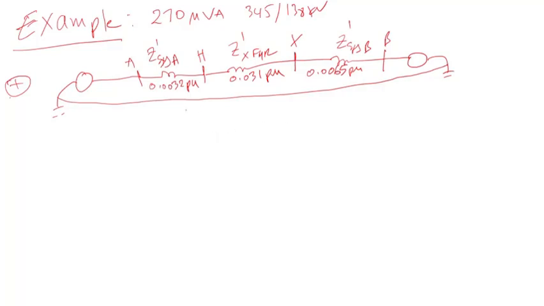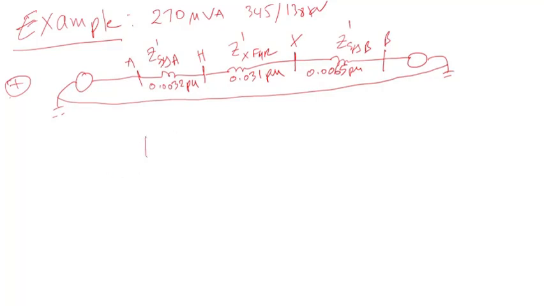And the system impedances, as you go away from the sources, generation basically, they get larger. The closer you get to the source, the smaller they get. So I think I included all those impedances.